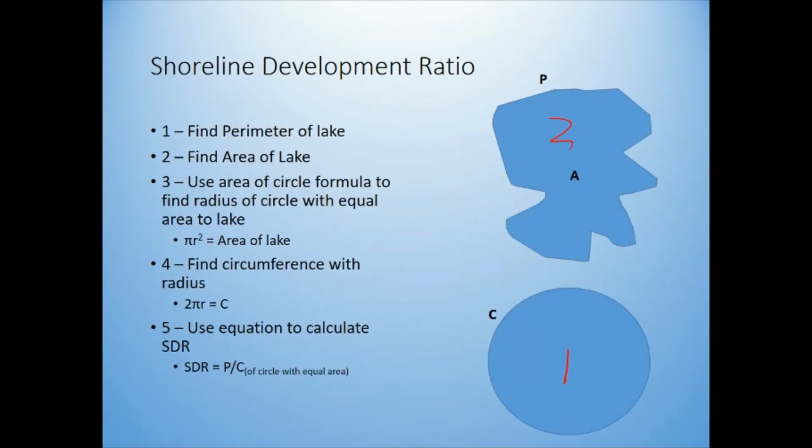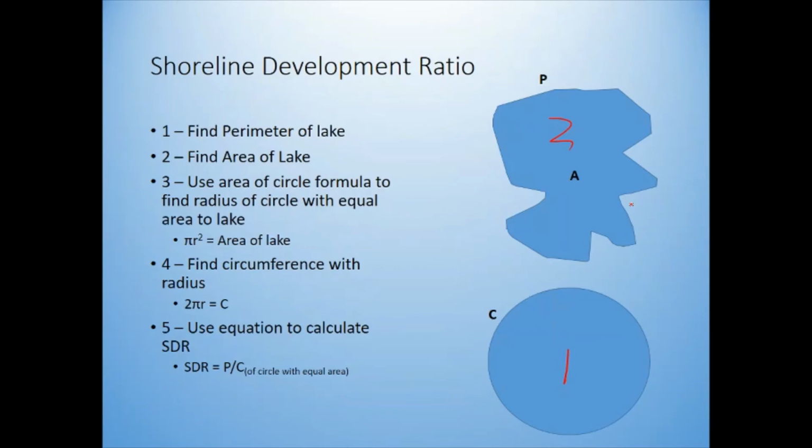So what do you want to do? Here is how you find the shoreline development ratio. First, you need to find the perimeter of the lake, that's P. Then you find the area of the lake. Then, step 3, use the area of a circle formula to find the radius of a circle with equal area to the lake: pi r squared equals the area of your normal lake.